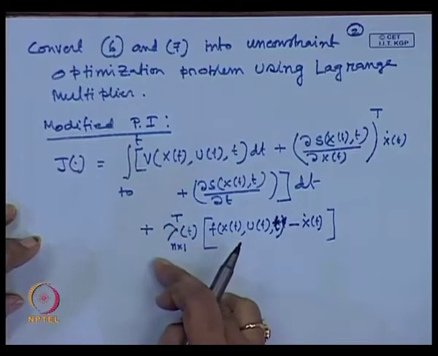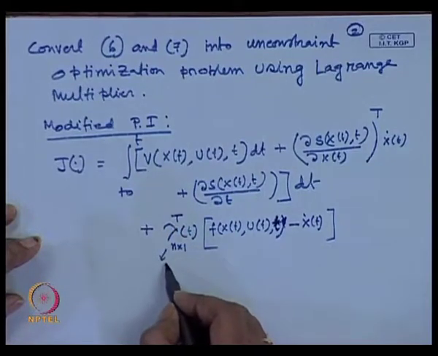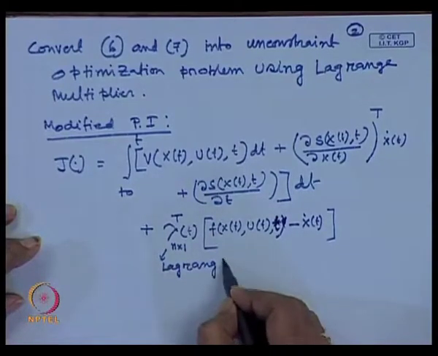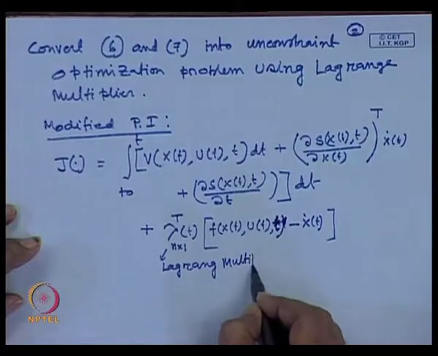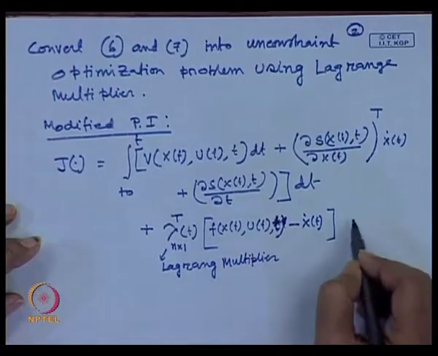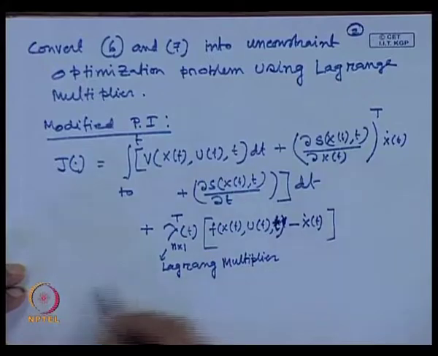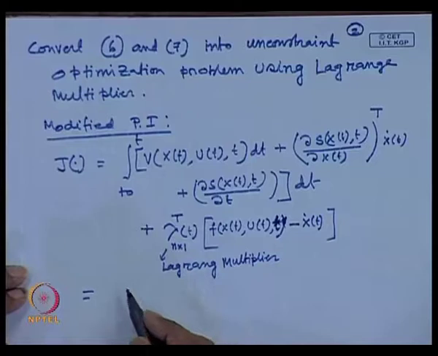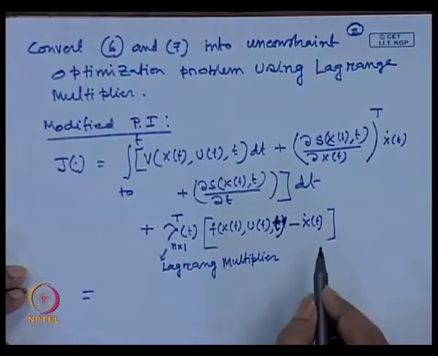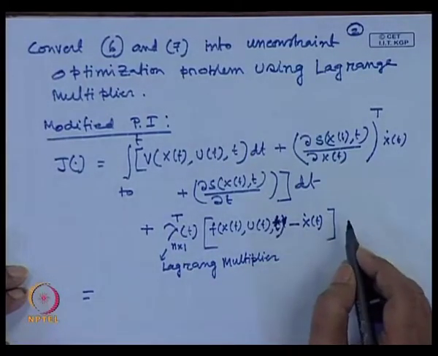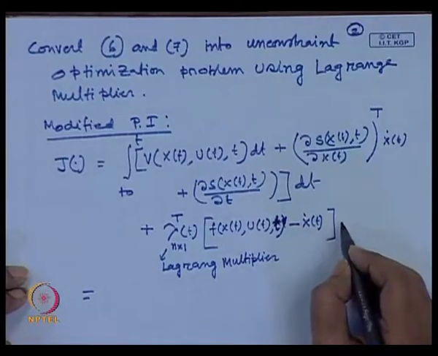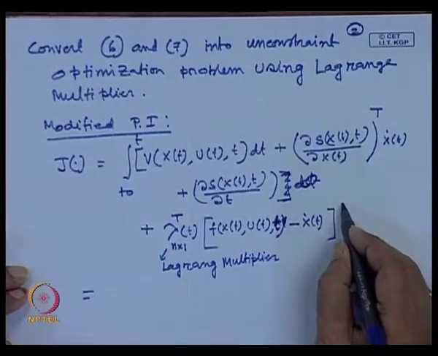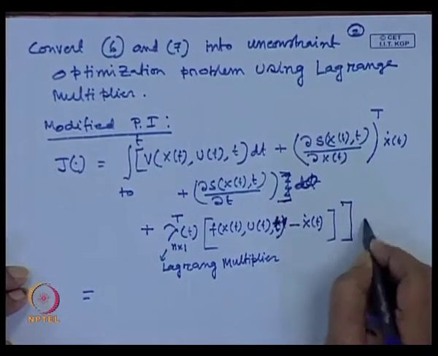This is the Lagrange multiplier, lambda is the Lagrange multiplier. So, this is the equation number. I can write the whole thing, this bracket, this whole thing you bracket it, complete it here, and dt.